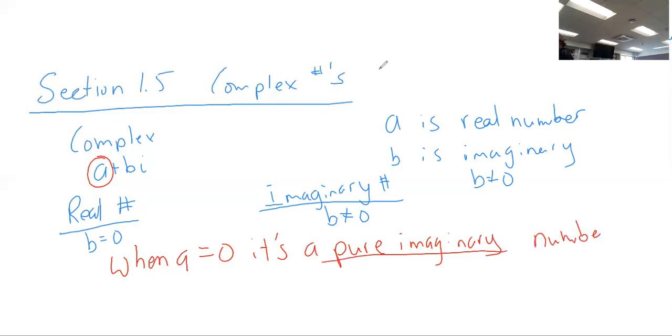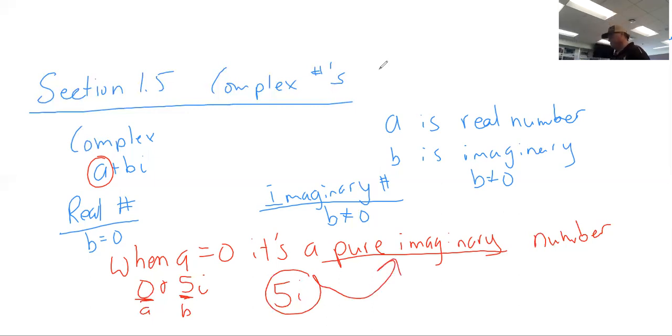And if you think about it, 0 + 5i. This is a, this is b. If a is 0, then it's just 5i. That's why it is called a pure imaginary number.